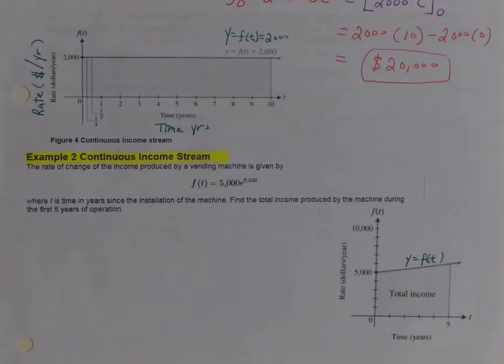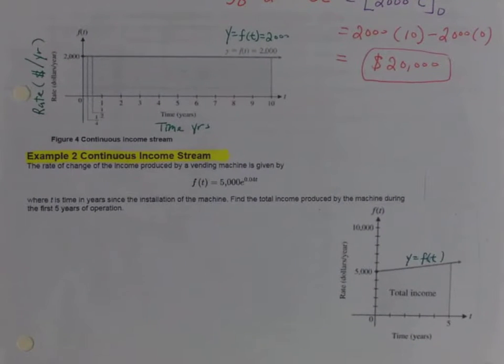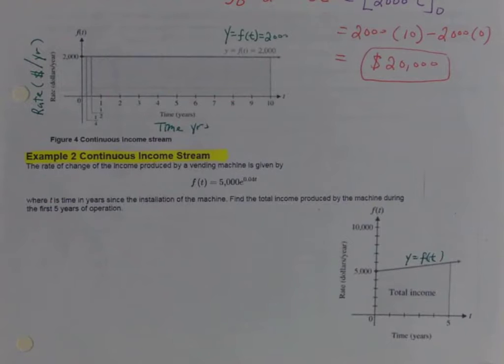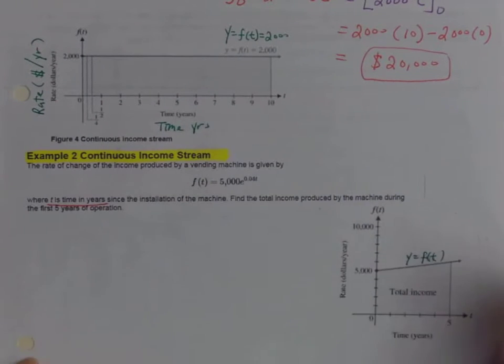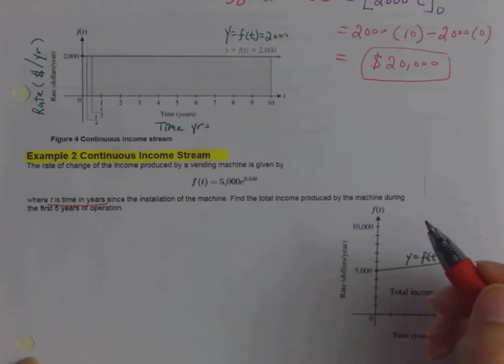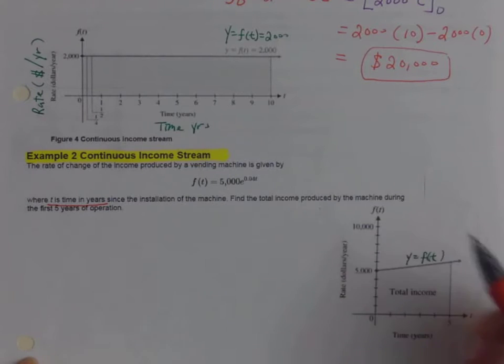This time we're looking at a vending machine, where t is time in years since the installation of the machine, and we need to find the total income produced by the machine for the first 5 years of operation.